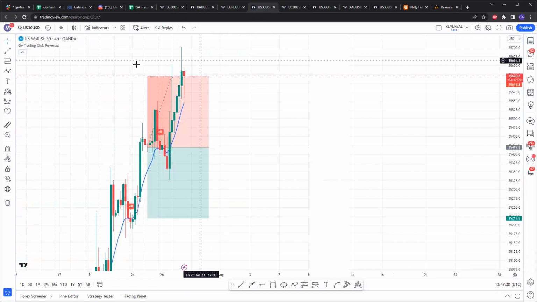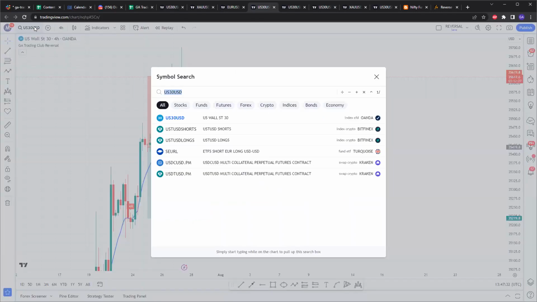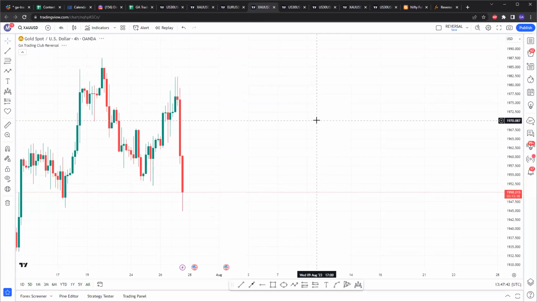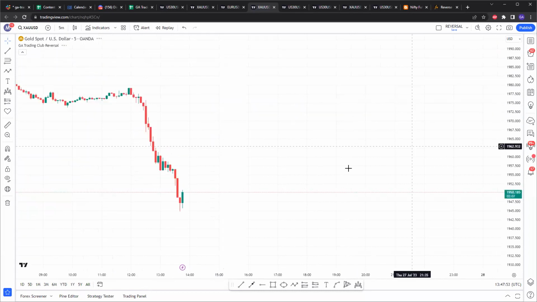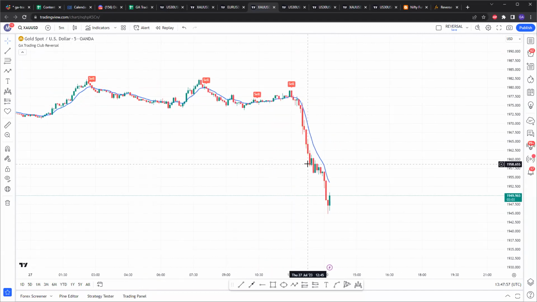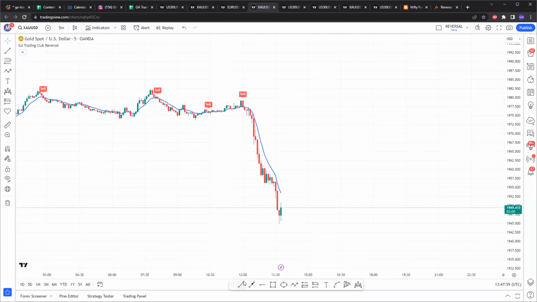So we go to the reversal indicator, we go to gold right here. And then we do the 5-minute. So we would try and find our area of interest.